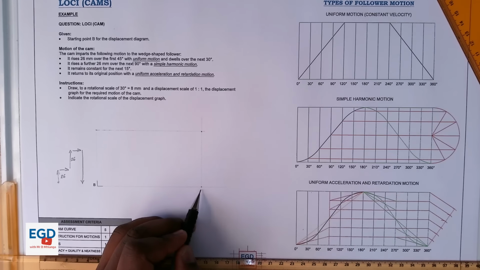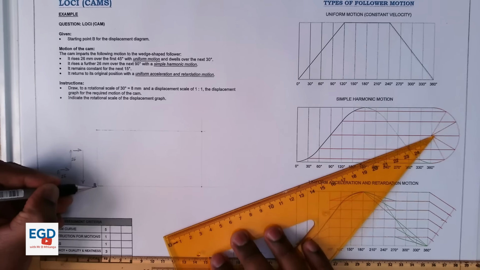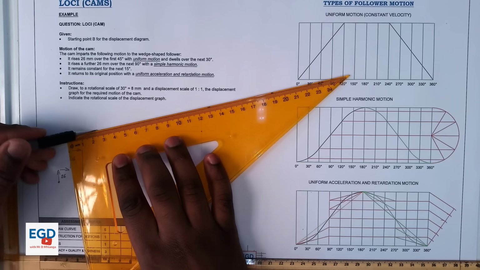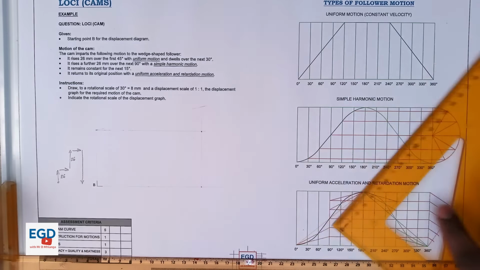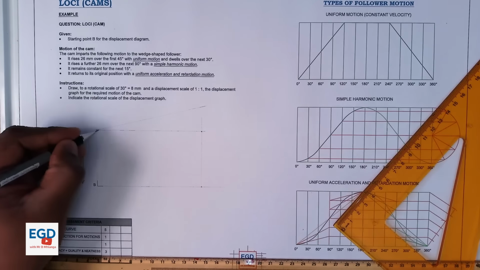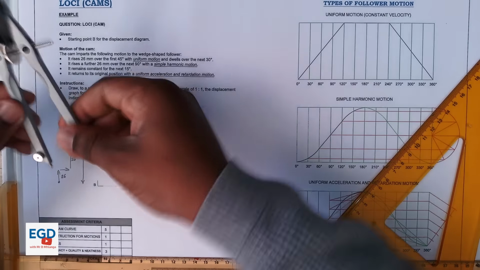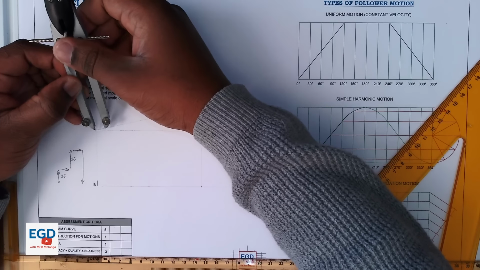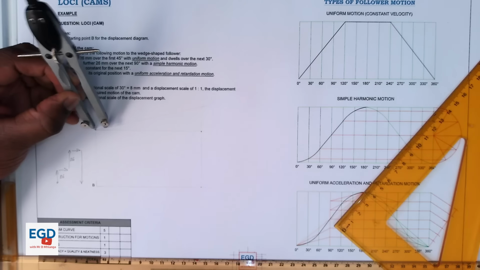For you to divide this line into 12 equal parts, you can just draw a line at any angle, and then you have to divide that line into 12. I can use my compass there. Even the gap or distance of your compass doesn't matter as long as it's equal all the way.